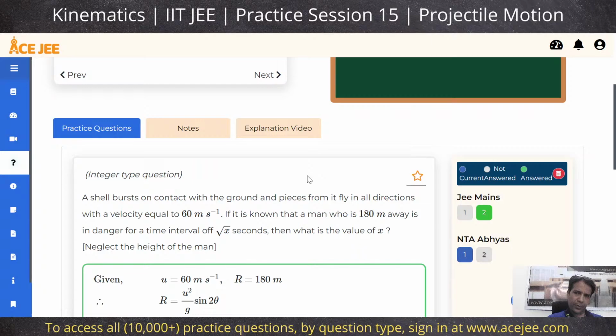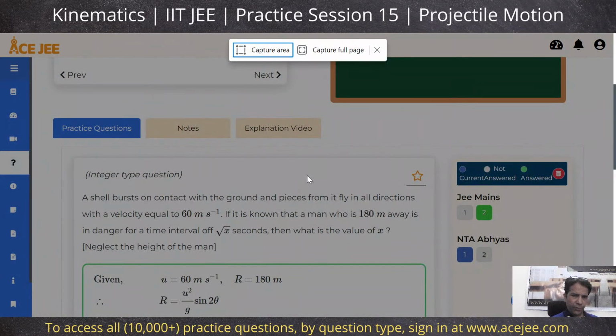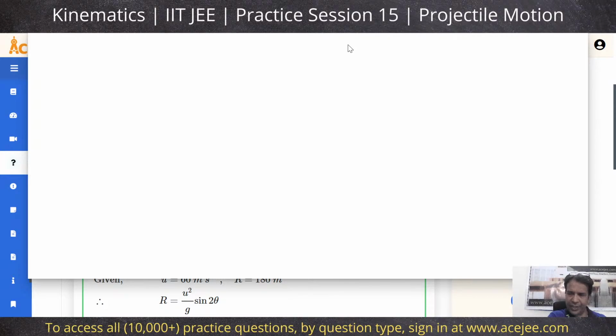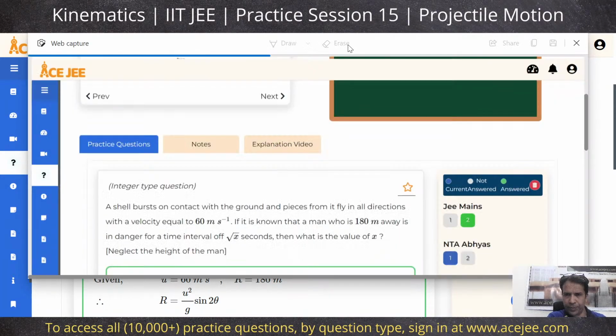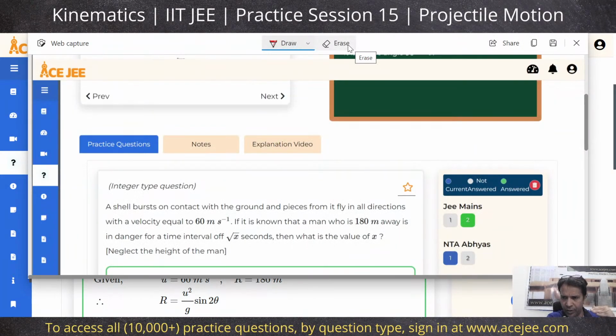So beta, we know the same range can be had for two different angles, right? Now the time of flight is 2u sine theta by g, so the smaller the theta, the smaller the time of flight. Once again, I said 180 meters.